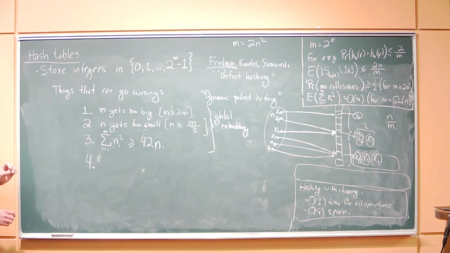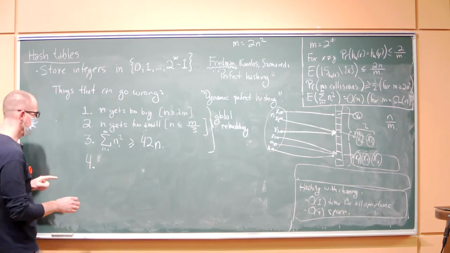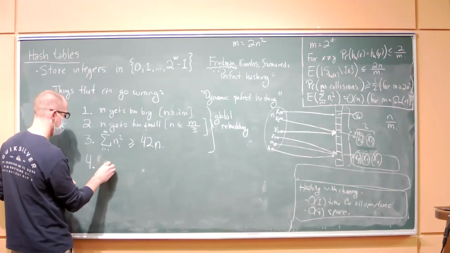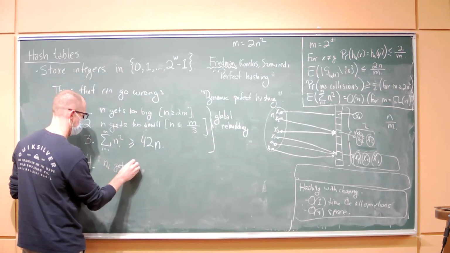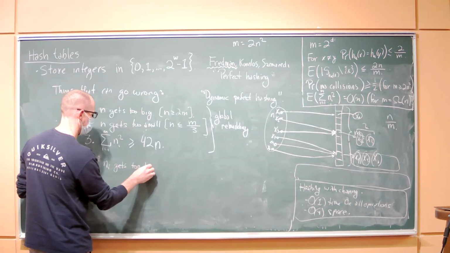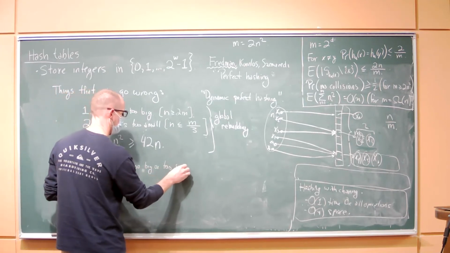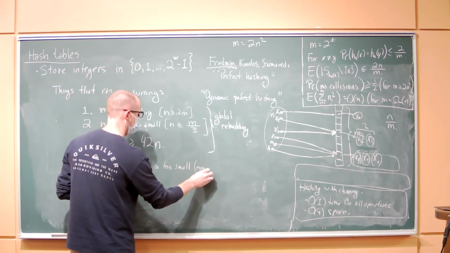Another thing that can go wrong, now at the local scale, is that ni gets too big or too small compared to mi.